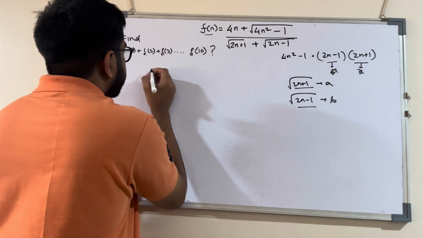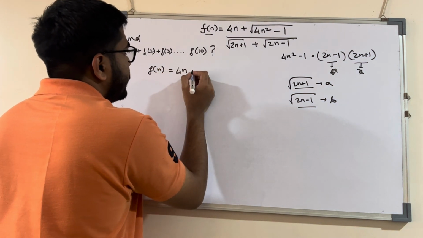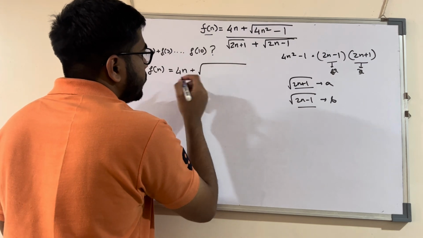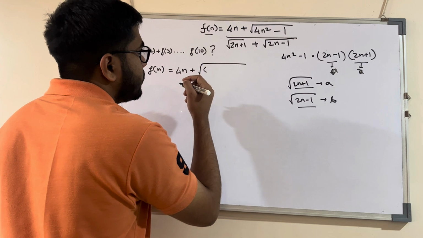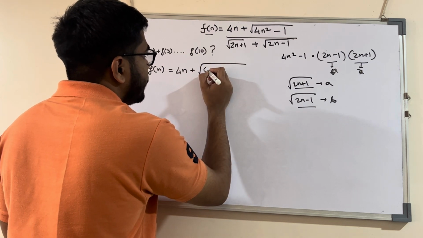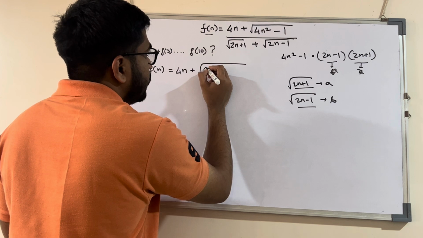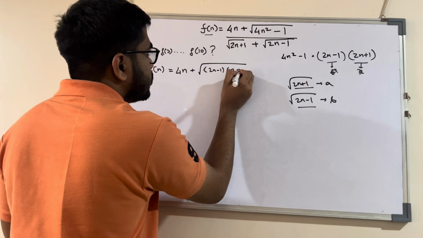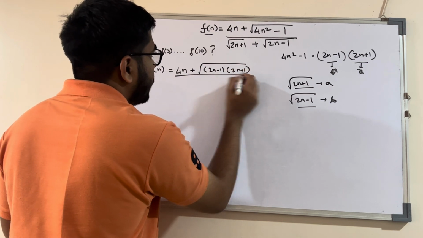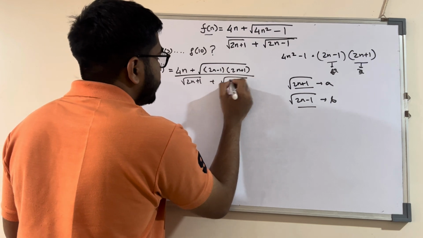Now what is my equation saying? f(n) is 4n plus root of 4n square minus 1, and root of 4n square minus 1 is root of 2n minus 1 times 2n plus 1, upon root of 2n plus 1 plus root of 2n minus 1.